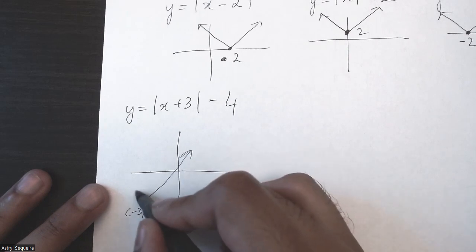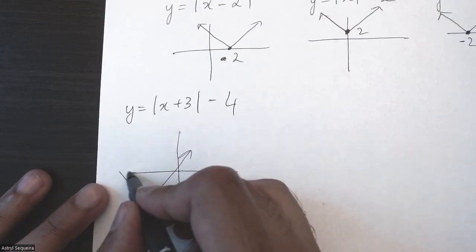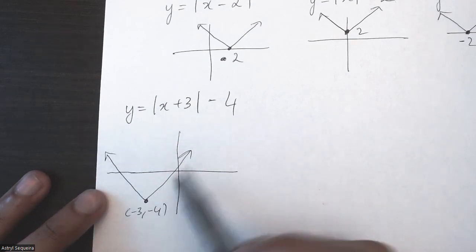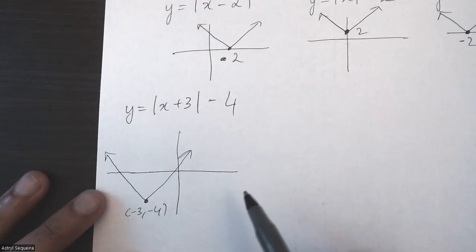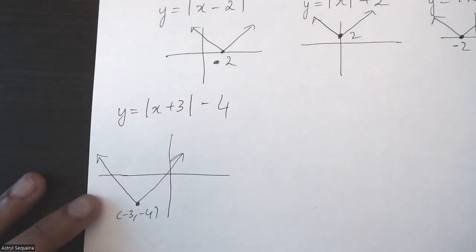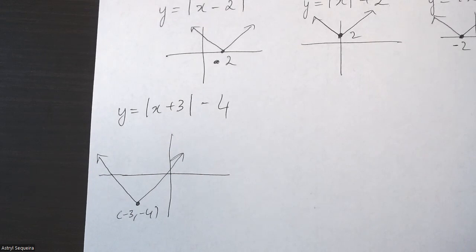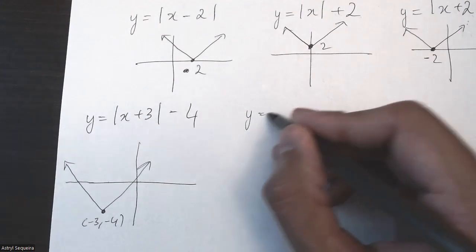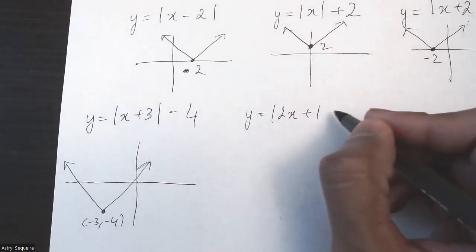I don't know how accurate x and y intercepts are, but again, in a sketch, you don't need to worry about them. In reality, you could actually find the x and y intercepts if you needed to do a more accurate graph. Technically, the slope is 1, but again, that's not super important, the slope in this question. It's just a sketch. Next one is y equals absolute of 2x plus 1.